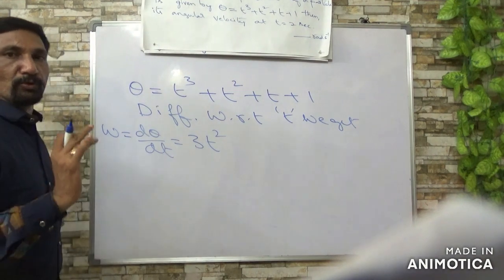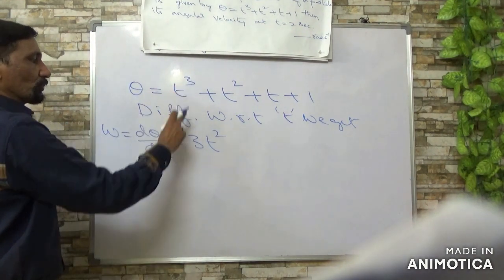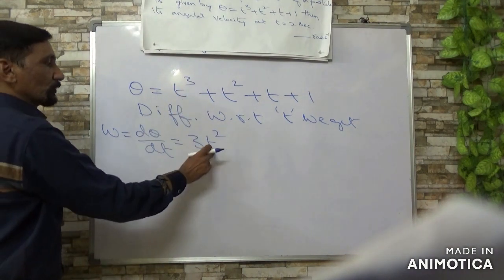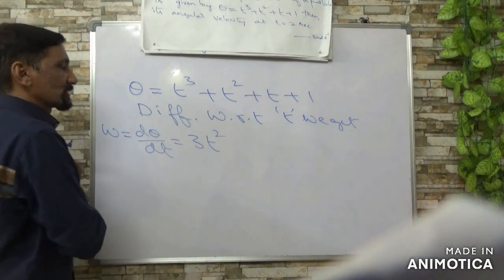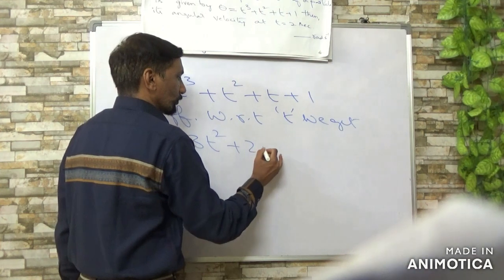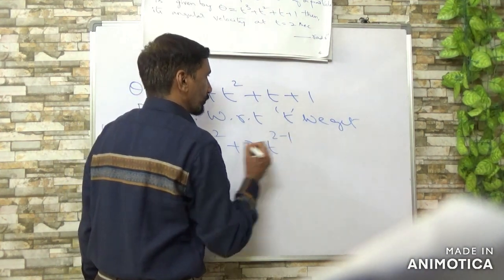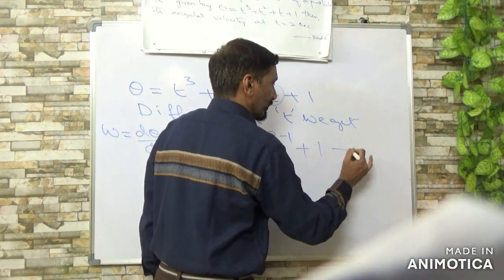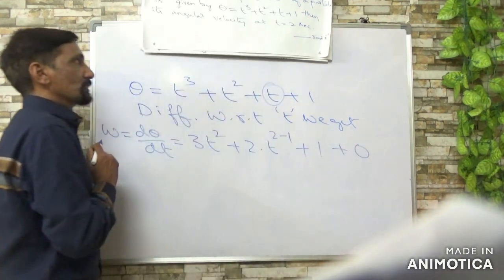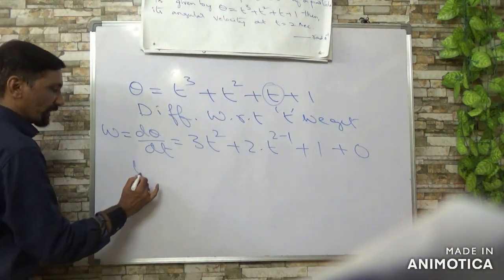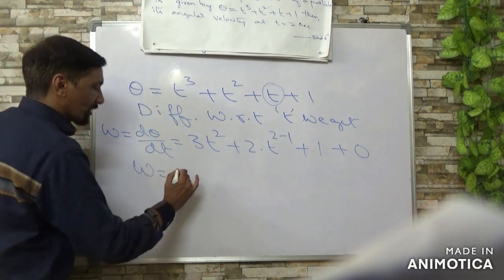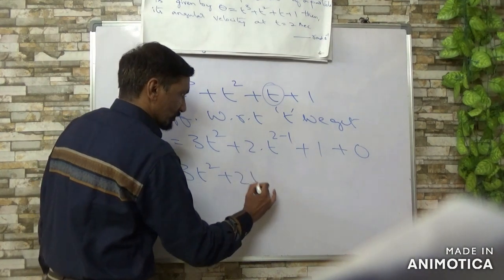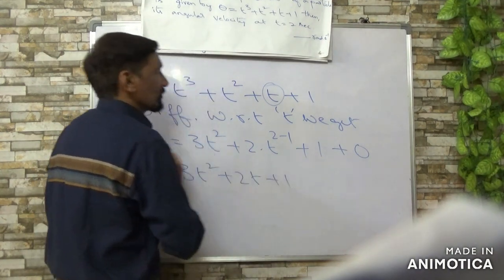3t square. The differential value of t cube is n into x power n minus 1. So that is why 3 into t power 3 minus 1, and 2 into t power 2 minus 1. And the differential value of t is 1, and any constant is 0. So you get angular velocity omega is equal to 3t square plus 2t plus 1.